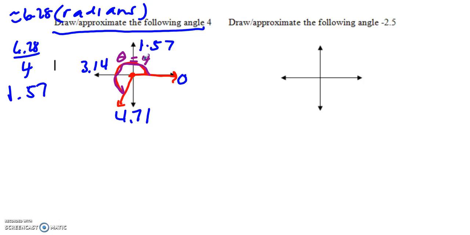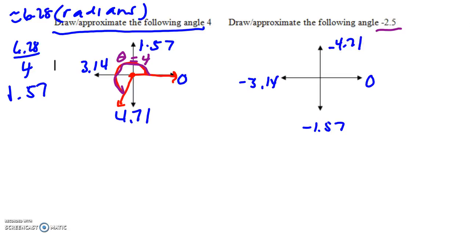If we look at the next example, notice that the angle is negative 2.5. So if I go back to labeling my picture, we are going to go the other direction. If I have 0, this would be negative 1.57, negative 3.14, and then negative 4.71.